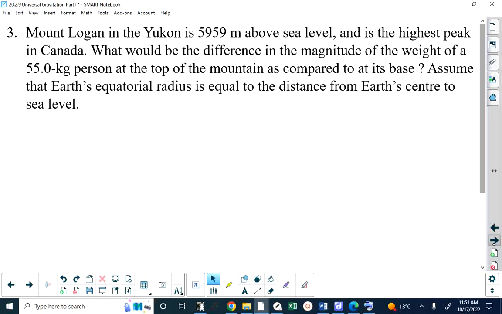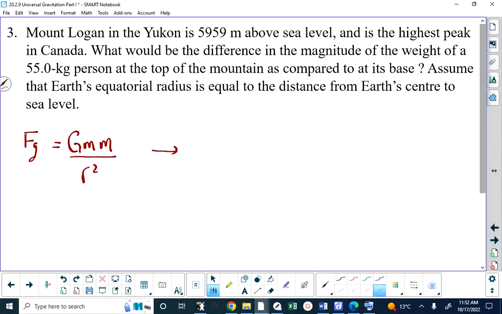So it says, what is the weight of a 55 kilogram person at the top of the mountain compared to at its base? You are going to have to do 2 calculations for me now. One of the calculations will be at sea level.